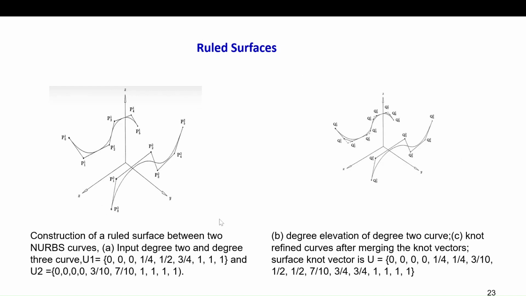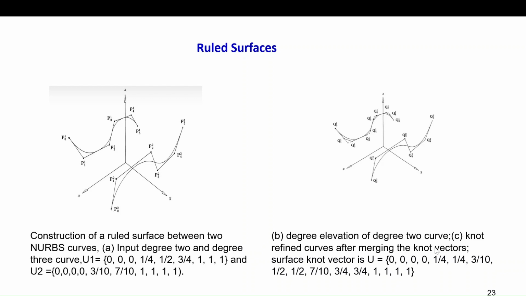And here is an example. This is an input degree 2 curve and this is an input degree 3 curve. To form a ruled surface between both the curves, we have to do the degree elevation first. Degree elevation means if you have equal degree curves, that's okay. But if you have a low degree curve and a high degree curve, we raise the degree of the low degree curve to the higher one. That is what we do in the degree elevation.